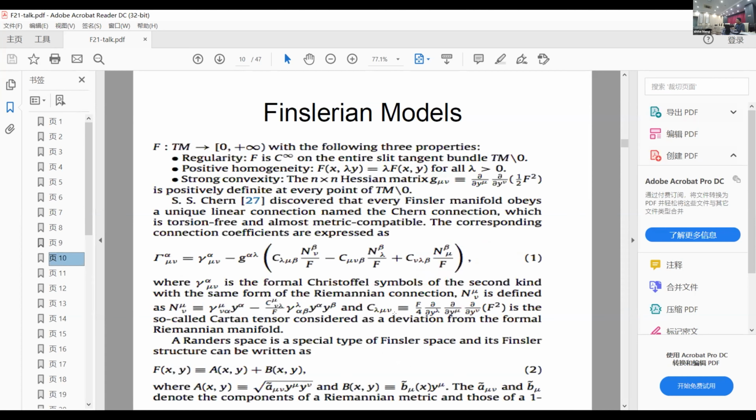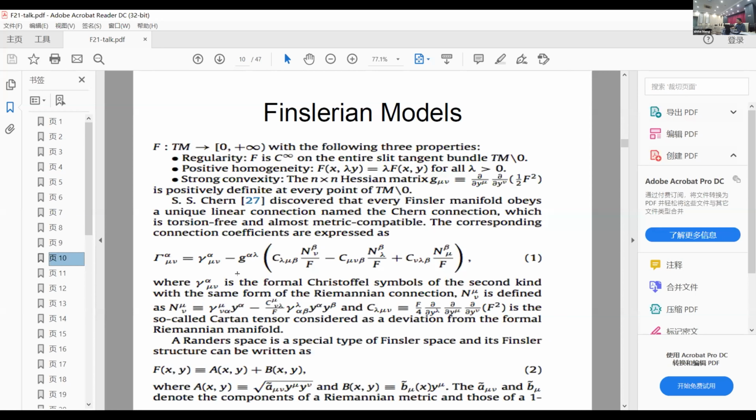So what is Finslerian geometry? I'll give a very simple introduction. First, you have a Finsler form, which should satisfy the following three properties: regularity, positive homogeneity, and strong convexity. This is a requirement for the Finsler form. With this form, you can define a metric. Then, similarly to the Riemann geometry treatment, you can get a torsion-free and almost compatible connection.